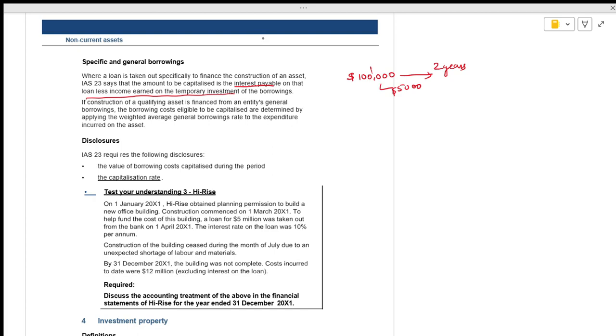We are finance managers, so what will you do? You will deposit this amount for the next 2 years, taking into the timeline when we require this amount.